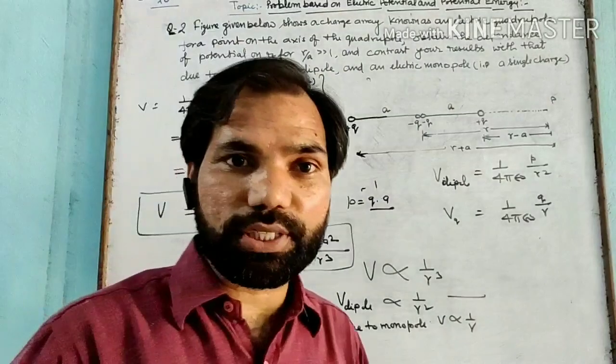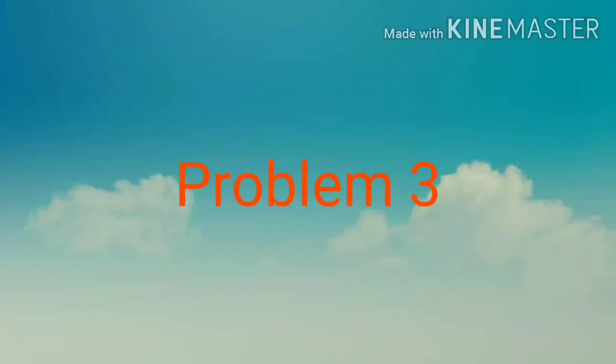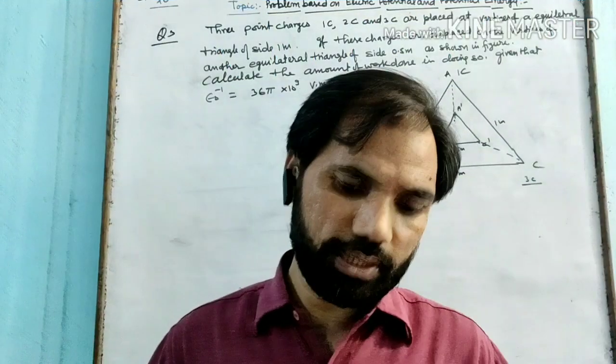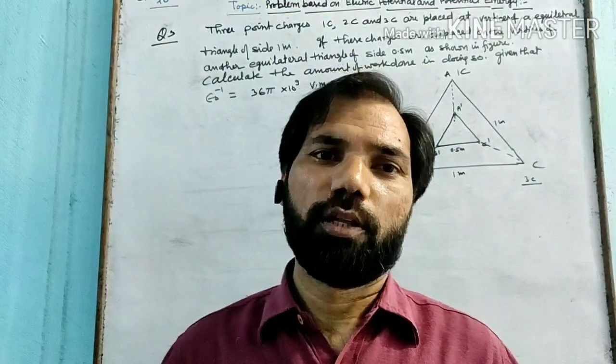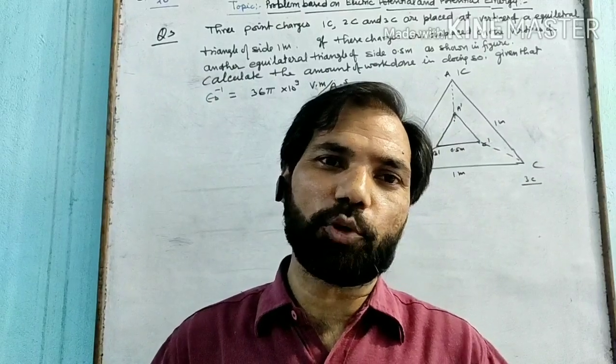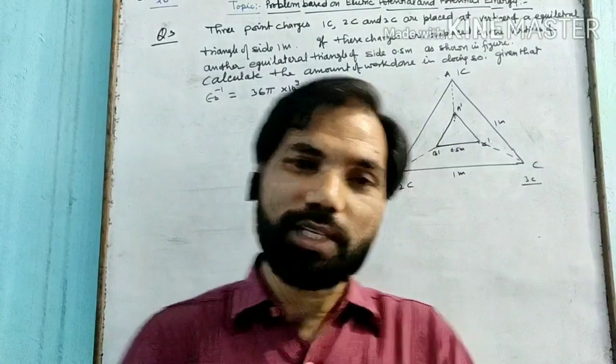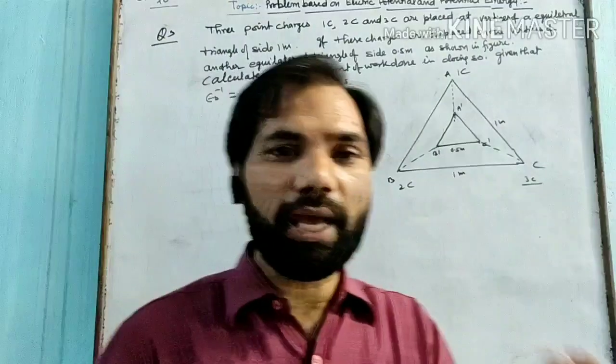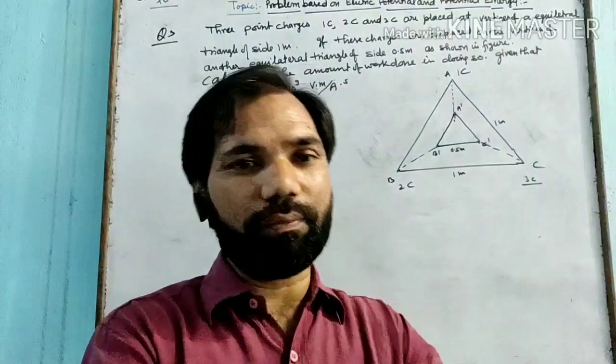Now let us take the third problem today. Okay, now let us discuss the third problem. The third problem is based on the electric potential energy. In this problem we have given three charges of different magnitude.